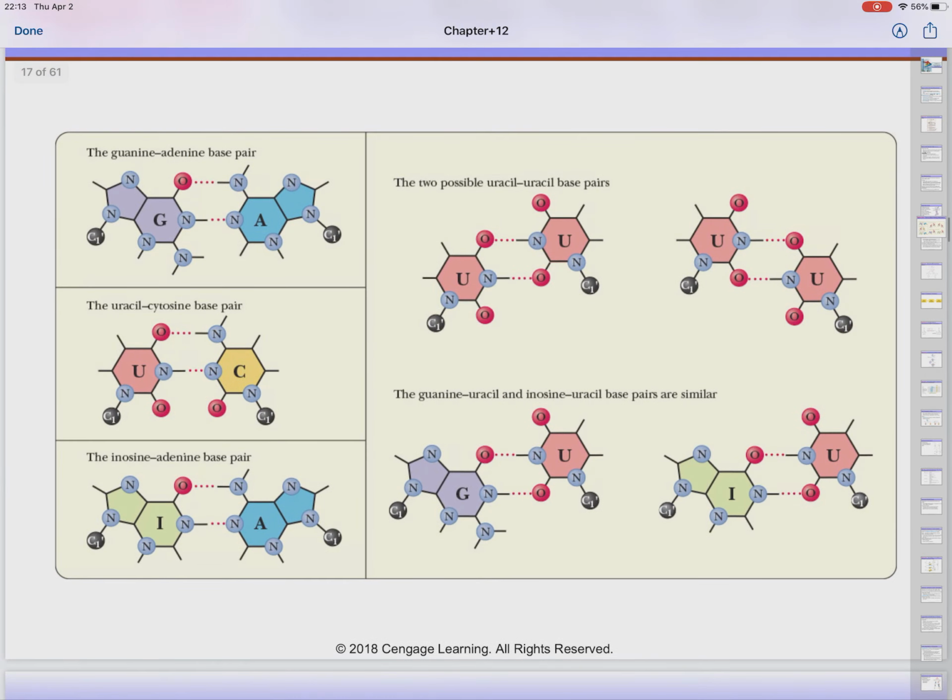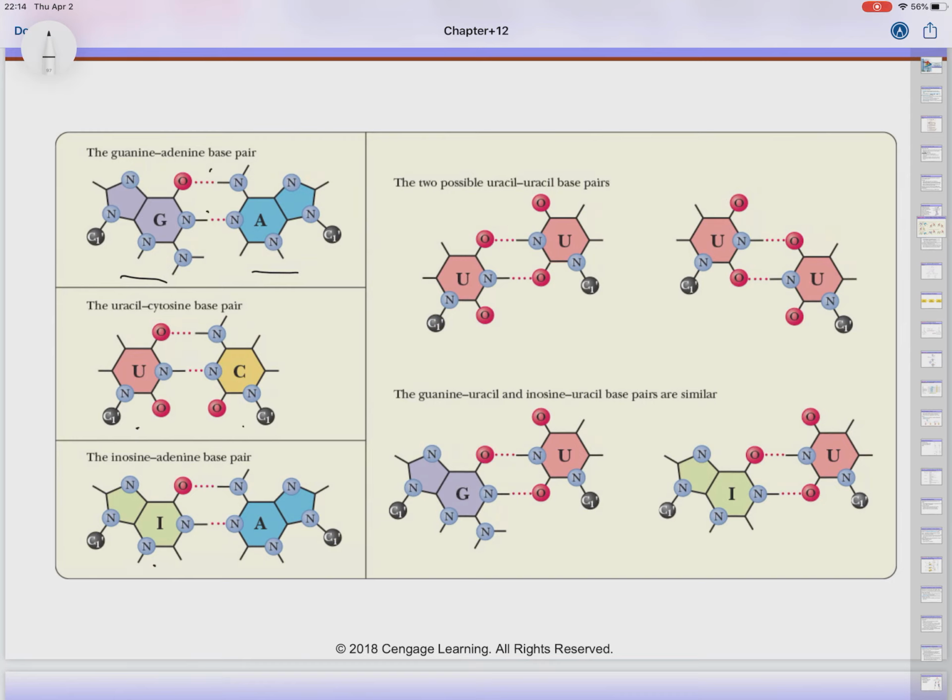So normally we would see A pairing with T, the purine pairing with a pyrimidine. Here we see actually AG pairing up, so we can see that there is some hydrogen bonding that can happen. We see UC pairing up.